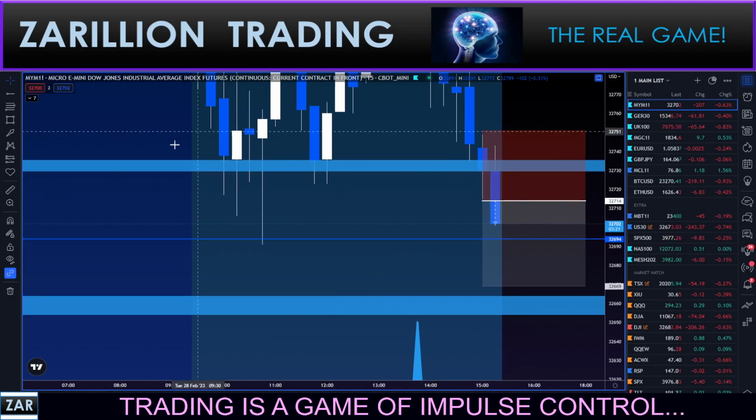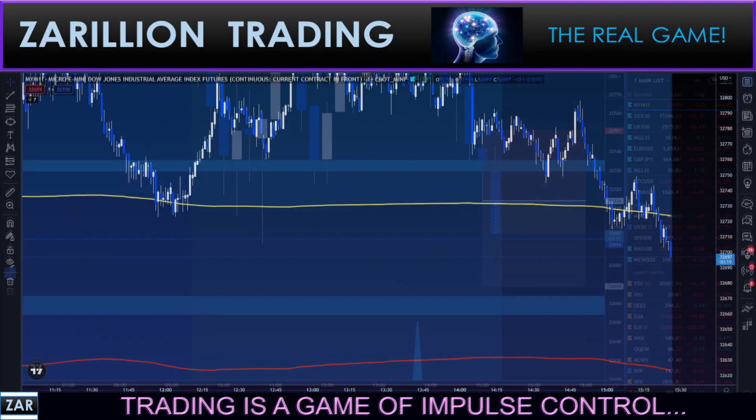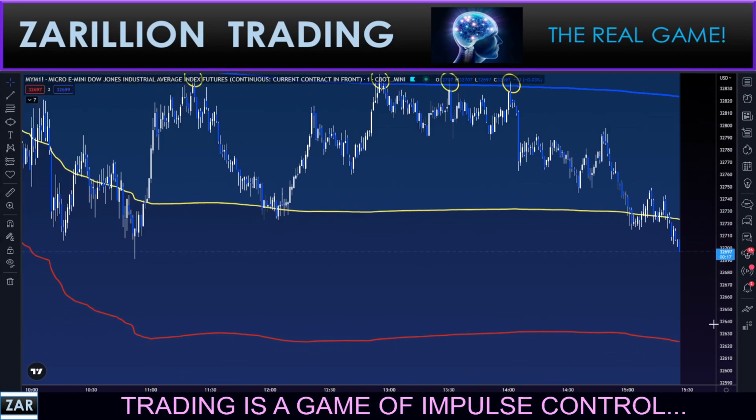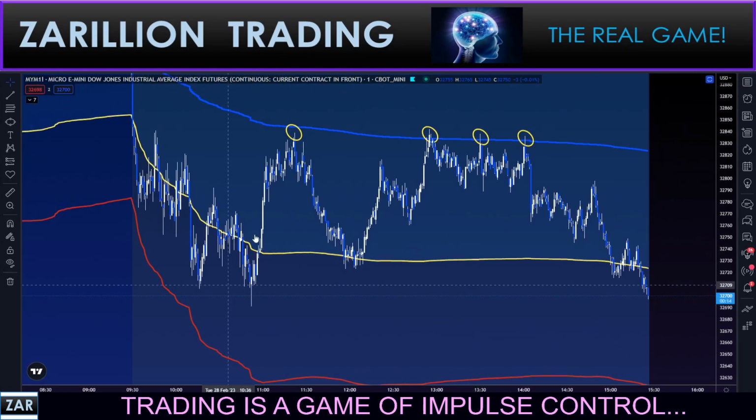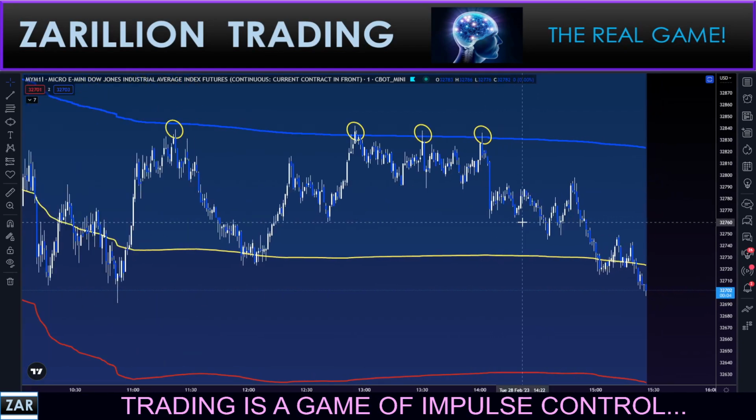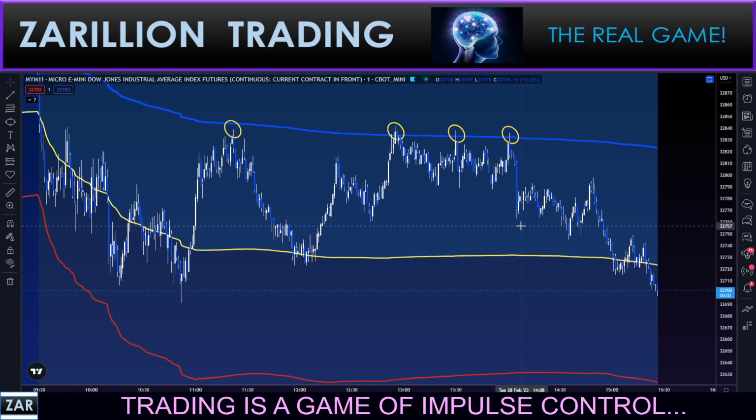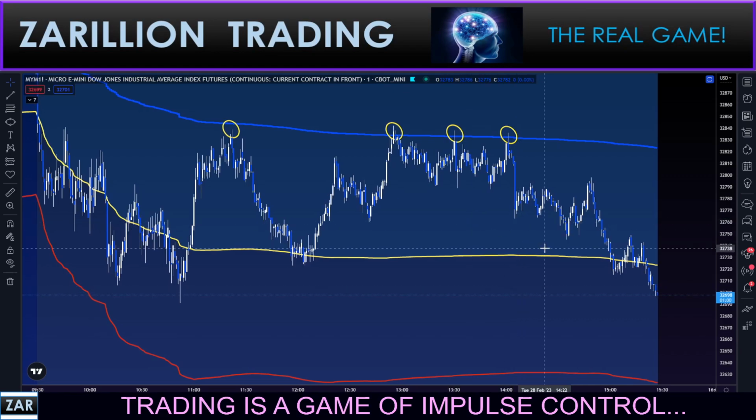Well, let's talk about the idea. What are we doing here? Let's go back over to VWAP and I'll show you what we're looking at here. So we had rally attempts early on in the day. Rally, rejection, rally, rally, rally. All at the volume weighted average price of all transactions that occurred in this session, which started at 6 p.m. last night, New York time.